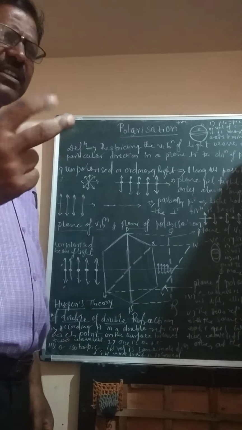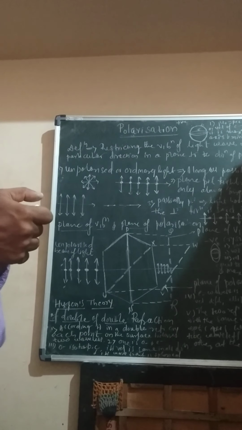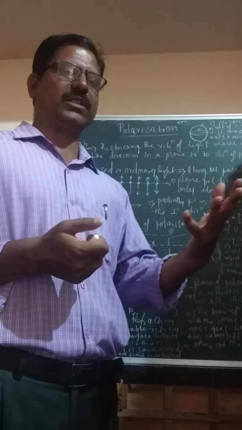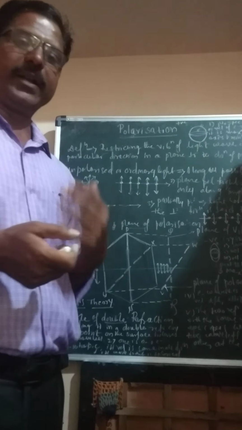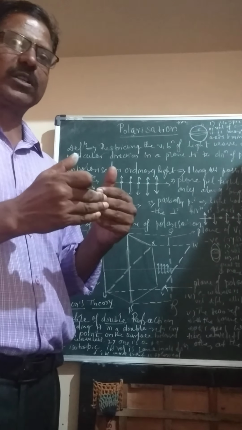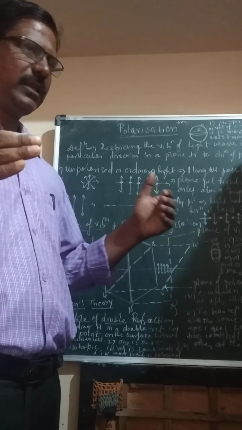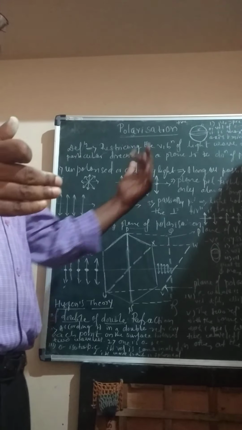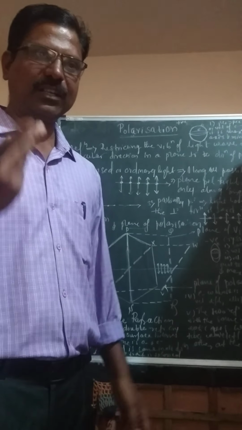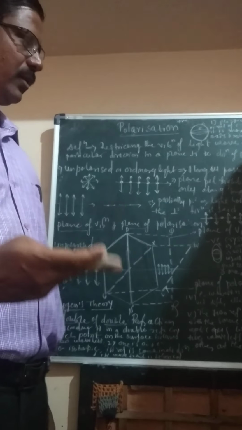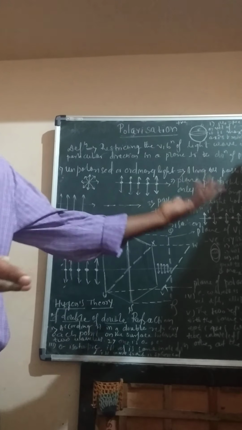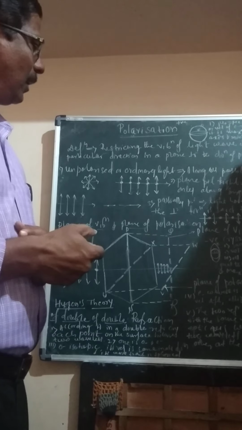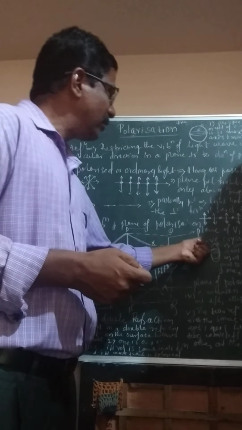According to that, you have two types of crystals. One is negative crystals, and the other is called positive crystals.